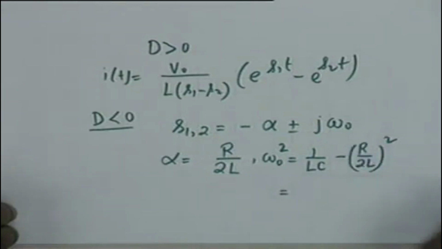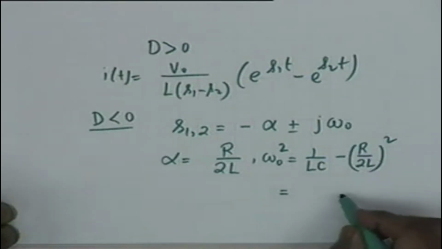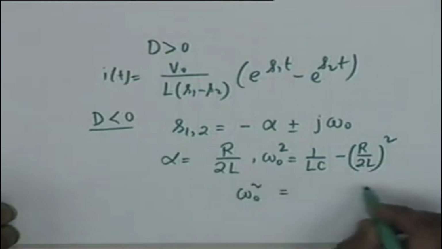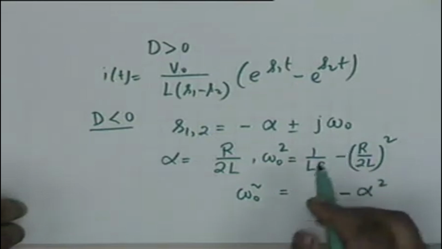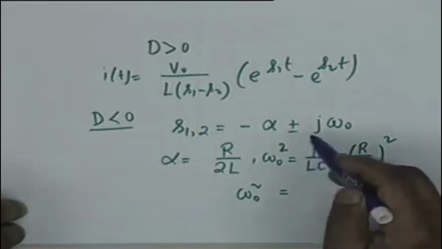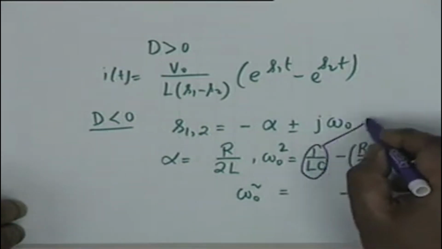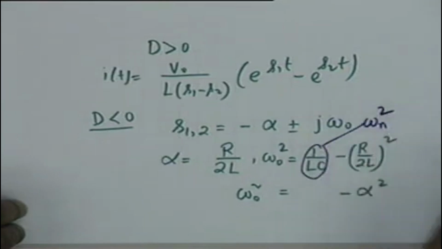And as you can see, R by 2L is simply alpha, so I can write omega 0 squared as 1 by LC minus alpha squared, and this quantity 1 by LC, let us use another symbol, that is omega n squared.